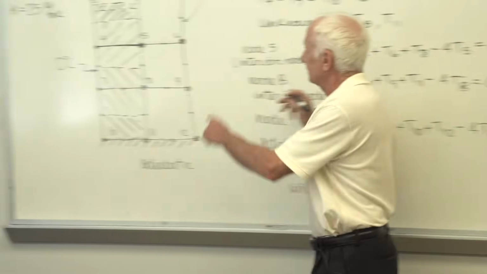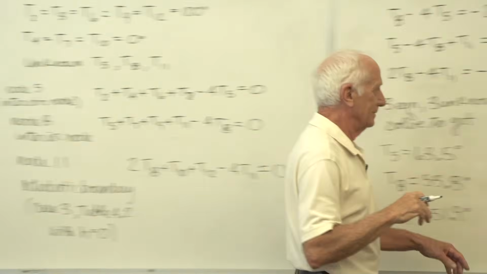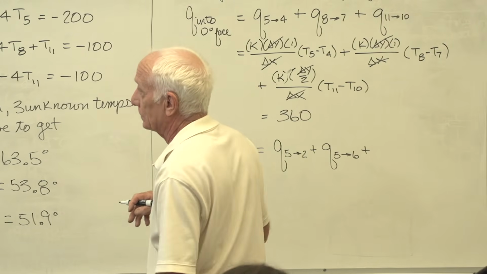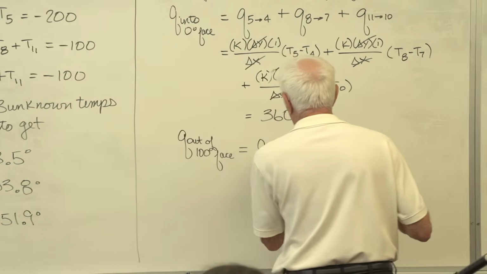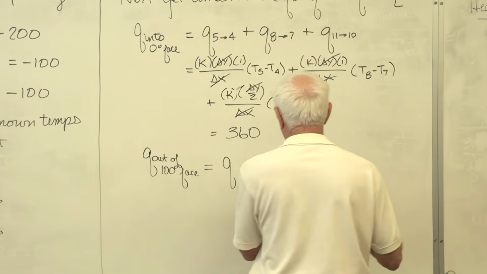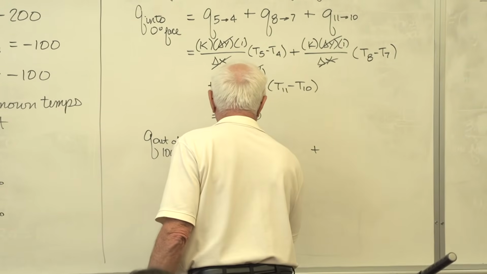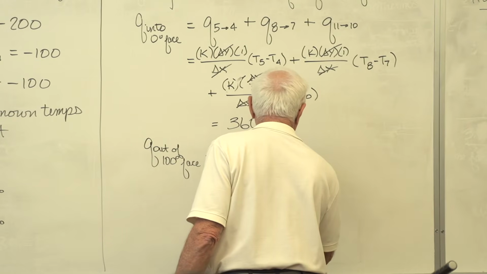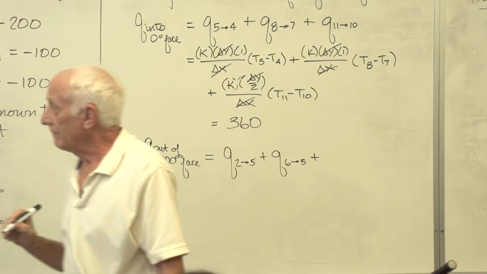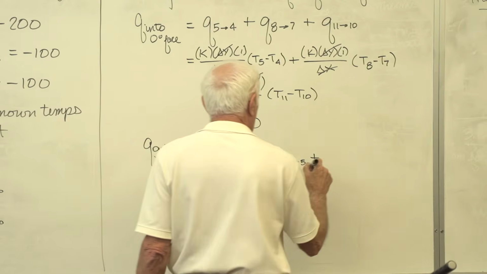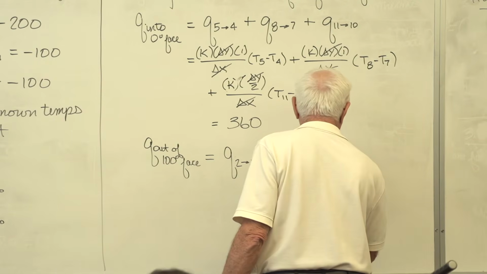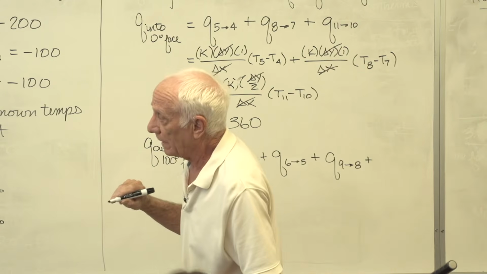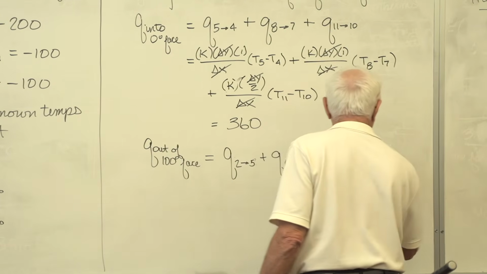I'm sorry, it should be 6 to 5, 9 to 8, 6 to 5. We've got 5 there. So the hot temperature is 2 to 5, 6 to 5. And then we have 9 to 8. And then we have 12 to 11.